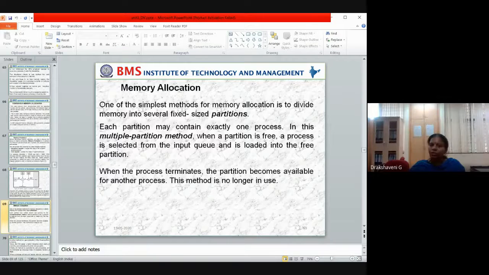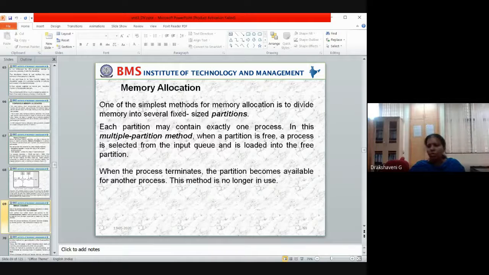One of the simplest methods for memory allocation is to divide memory into several fixed-sized partitions. Suppose you have purchased a new laptop. There will be a hard disk that is free. When you purchase it, they may ask which type of operating system you want, Windows, single user or multi-user.